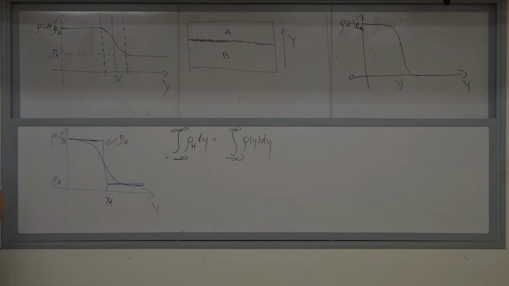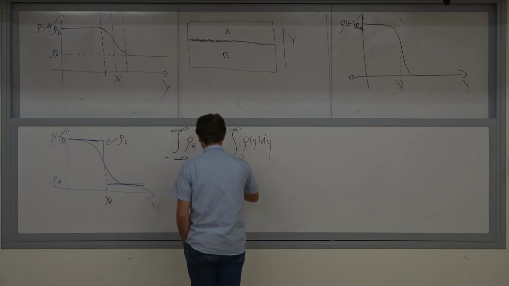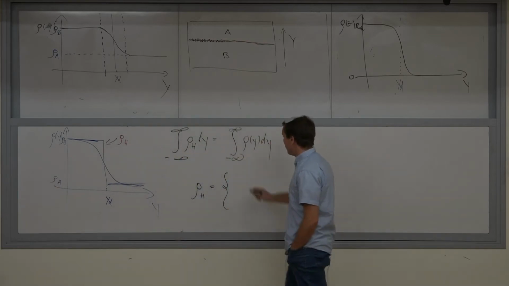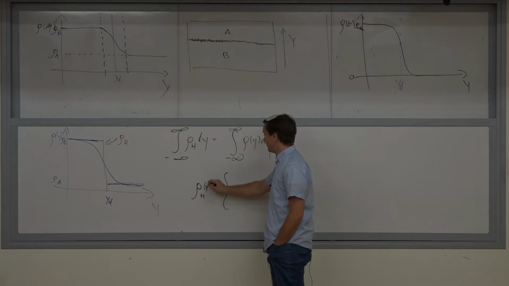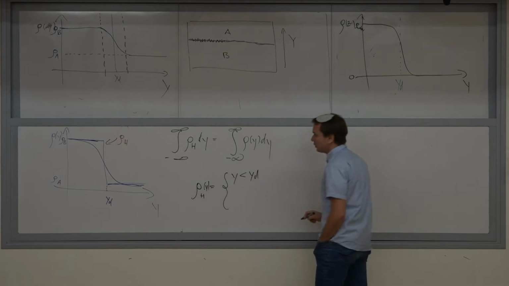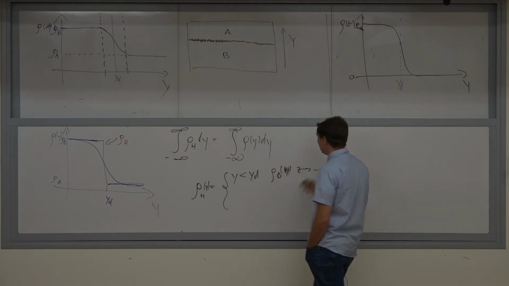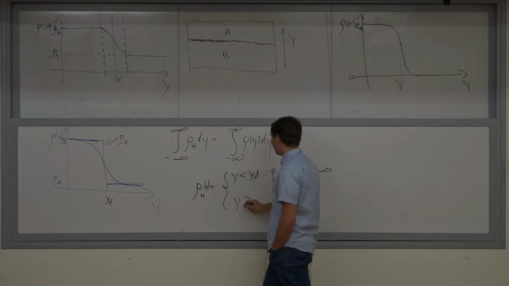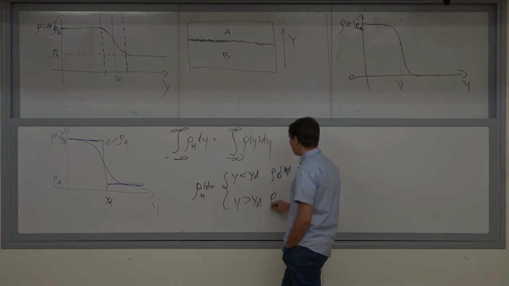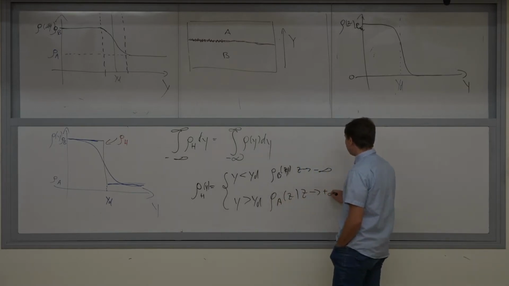Let's write this definition. So rho hypothetical equals rho b for y smaller than yd, as z goes to minus infinity, and for y greater than yd, it equals rho a, as z goes to plus infinity.